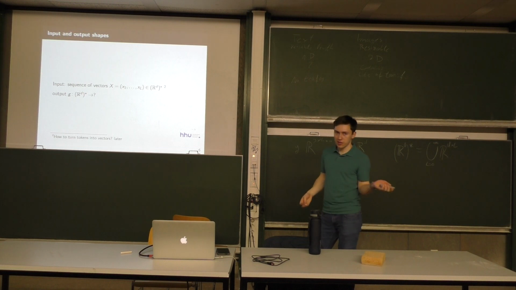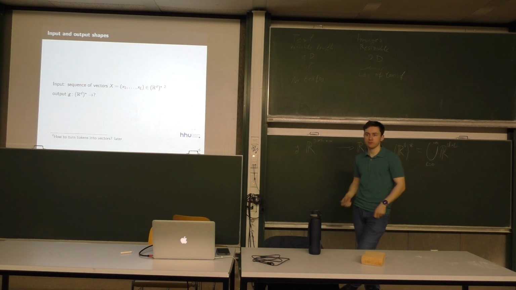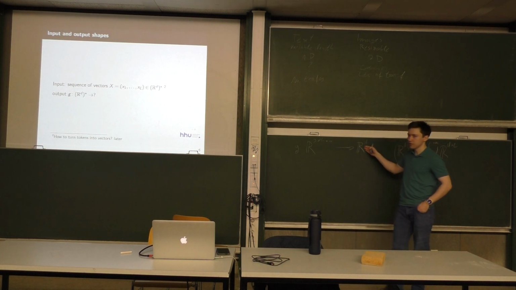So what then should our output be? What would be a good representation shape for such an input? Any ideas? For images we have just a single vector.